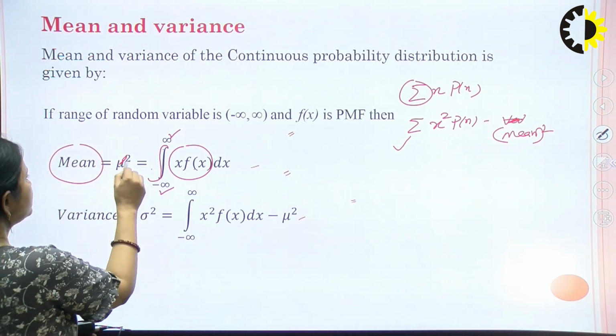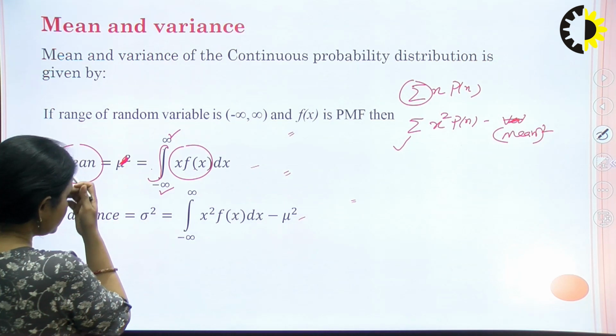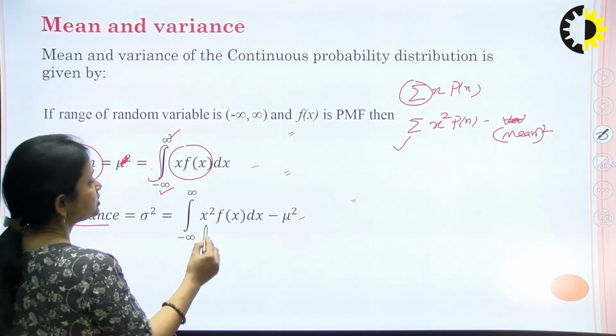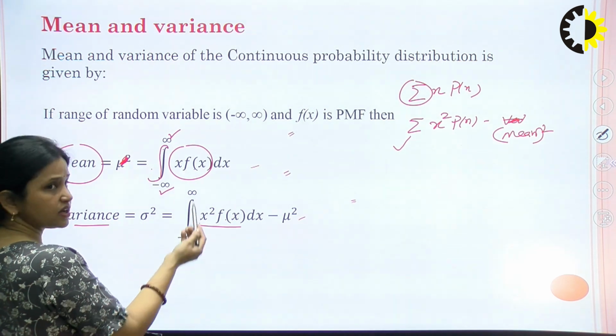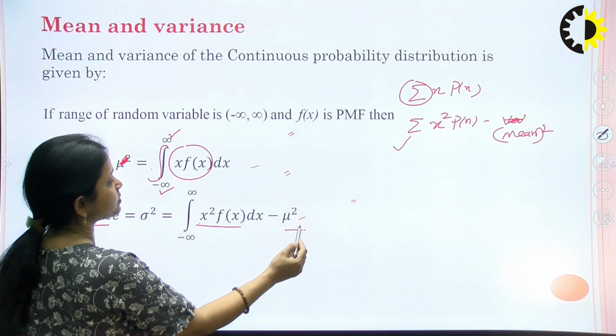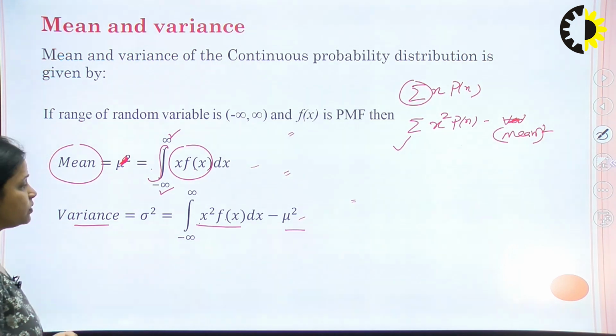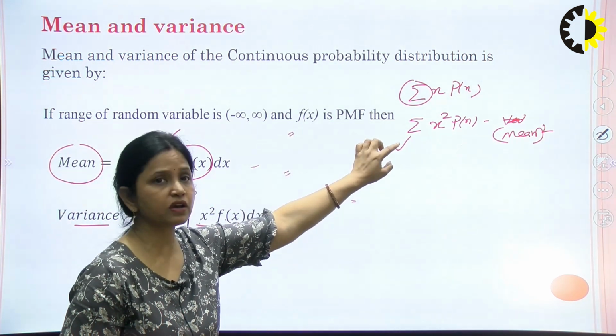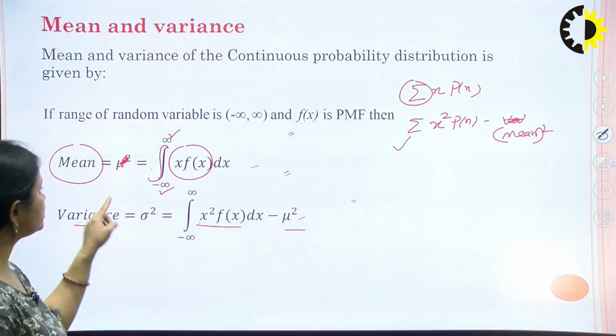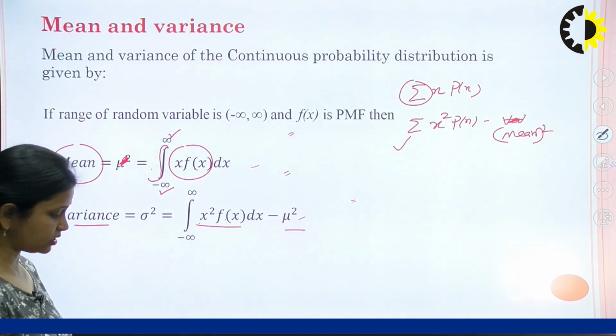We will obtain the mean. And variance is obtained by integrating x square into fx over the prescribed range, say minus infinity to infinity, and just subtract mean raised to the power 2. We will obtain the variance. So the only difference is that here we are using the summation or sigma sign, and here we will find the integral.